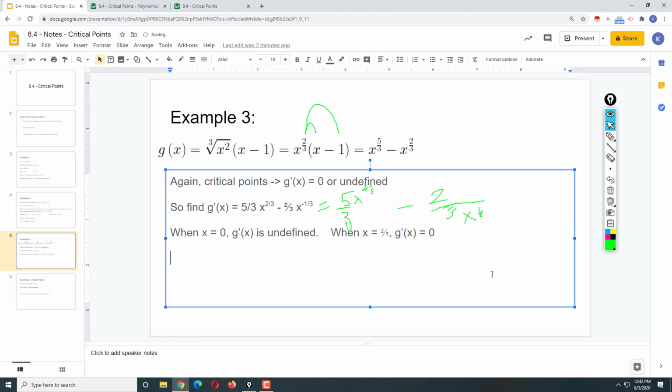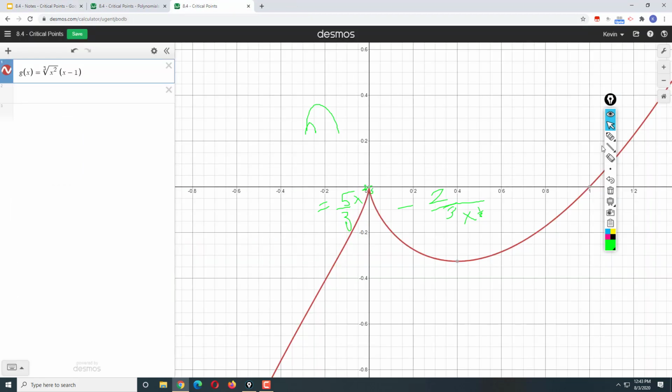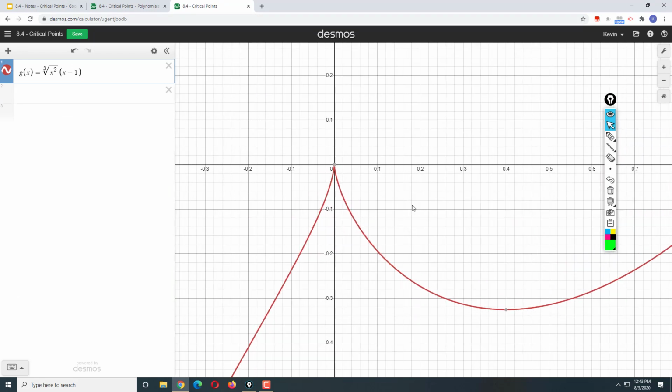Okay. So our critical points are x equals 0. When x equals 0, g of x is equal to 0. And when x is 2/5, well, if we look at the graph, here's our graph. We see that, in fact, when x equals 0, our graph has a sharp point.